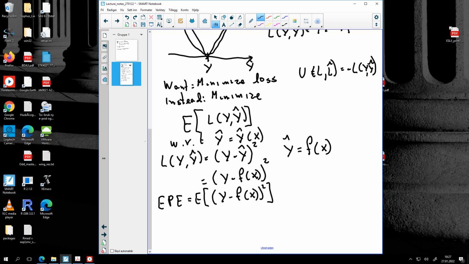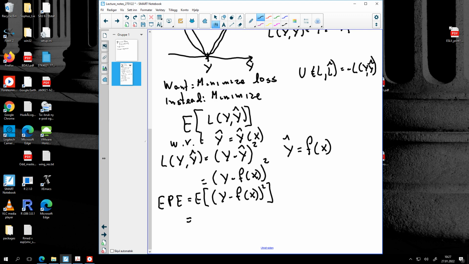And now we have to keep in mind what is the stochastic part here. Well, I started with saying that both y and x are stochastic.